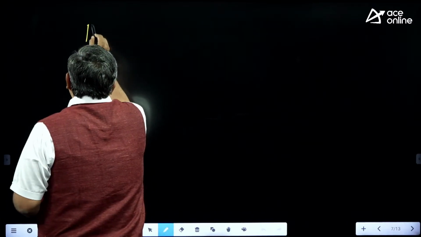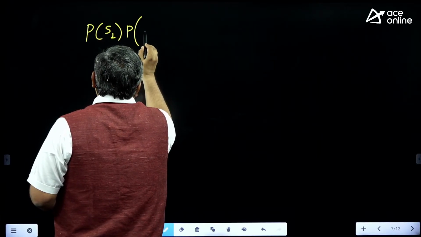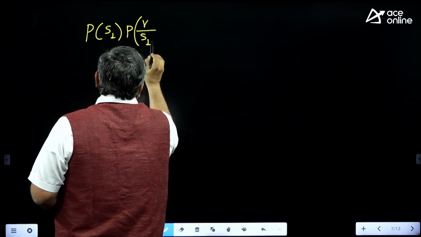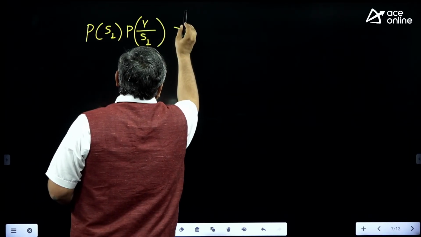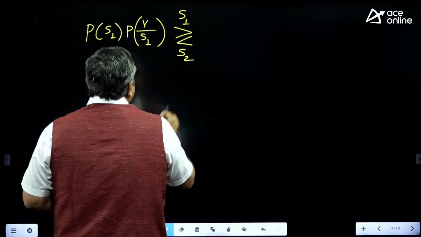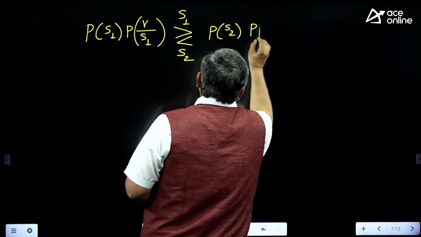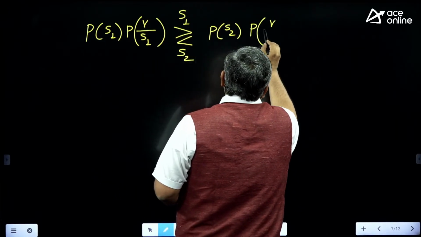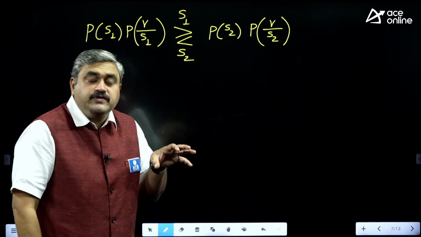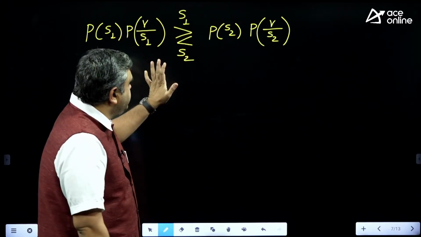P of S1 into probability of received signal when S1 is transmitted. If it is greater, decode as S1. If it is less, decode as S2. Into P of S2, probability of your received signal when S2 is transmitted. Finish. That's all. So this is how you apply that MAP algorithm and Bayes theorem concept, getting this expression.